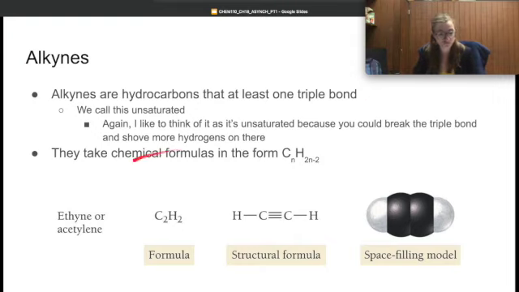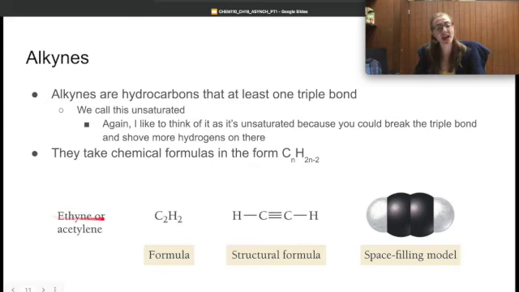So here, ethyne would be C2H2. We can see that it fits this chemical formula, C sub 2, H sub 2 times 2 minus 2, so 2 times 2 is 4, minus 2 is 2. So here, our chemical formula fits this format as well.